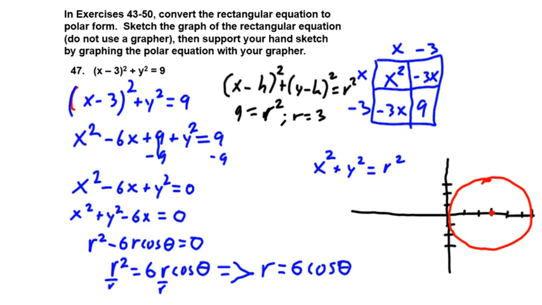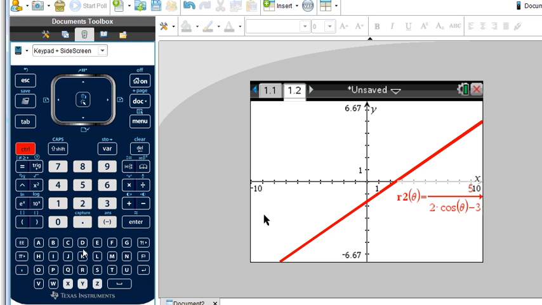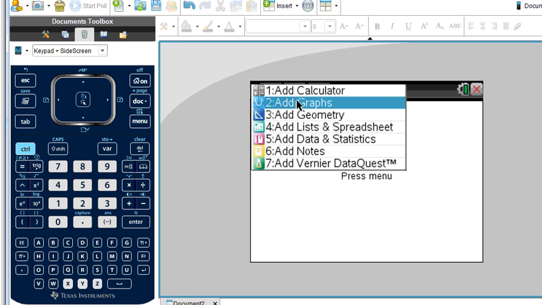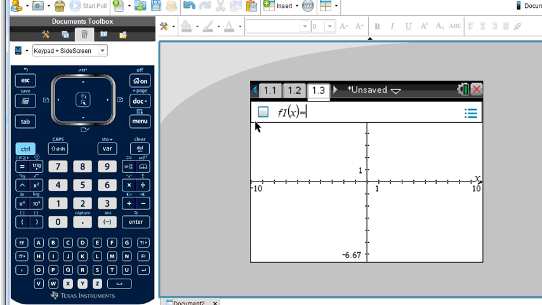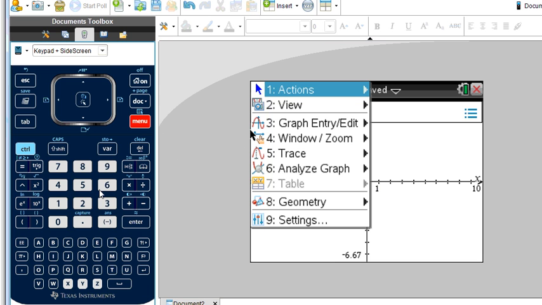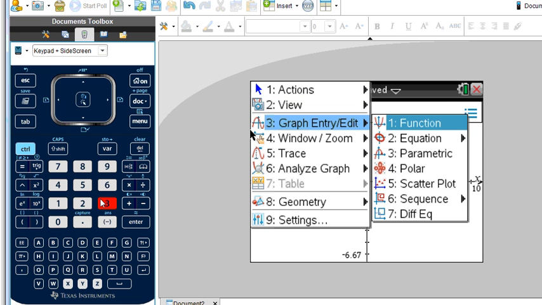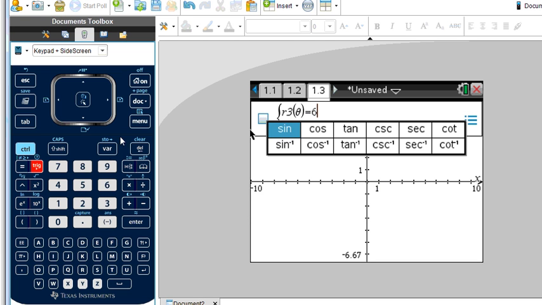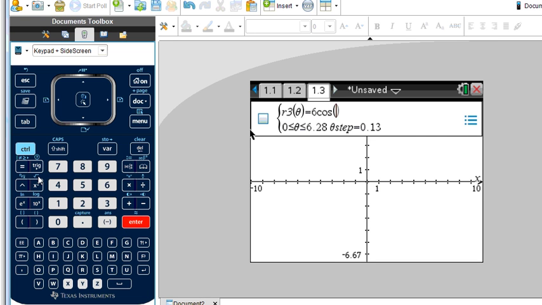So we go to our calculator and push Control I, add graph, and we have our equation as 6 cosine theta. So we go to in our graph menu, and we go to graph entry edit, polar 4, so 6 cosine theta.